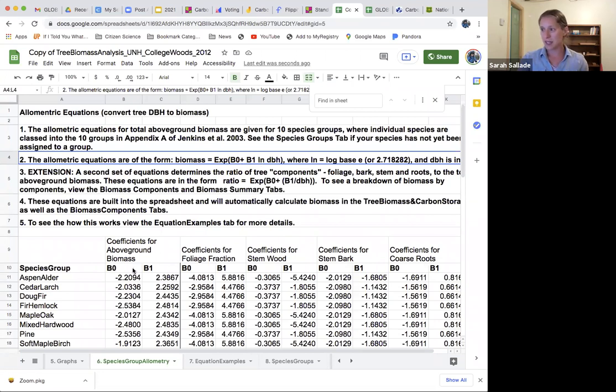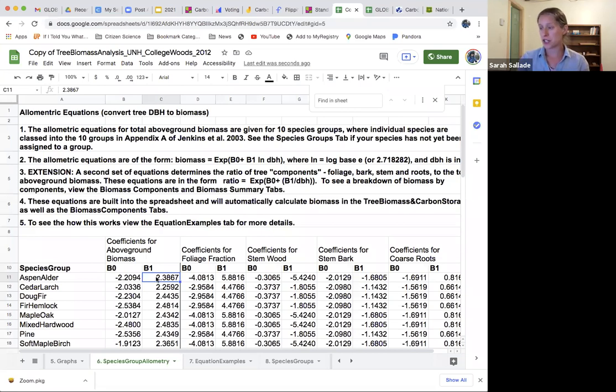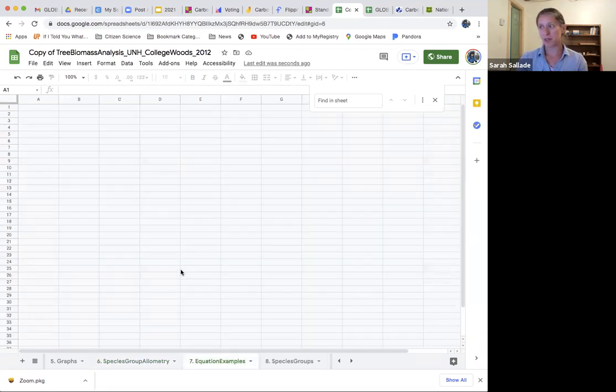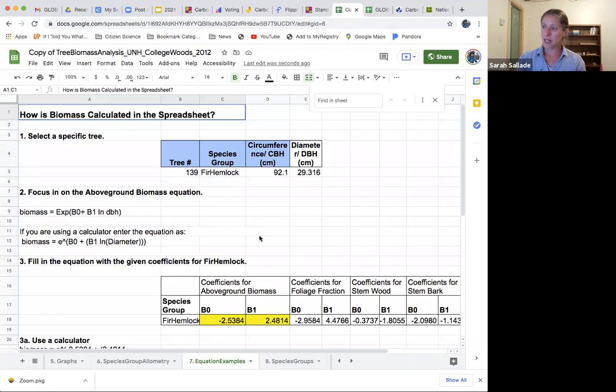So all that's saying is that it's going to use these two coefficients in the equation. And then it's going to use your DBH. So we actually have an equation example if you wanted to see exactly what's happening in the spreadsheet, but the main pages are too confusing.